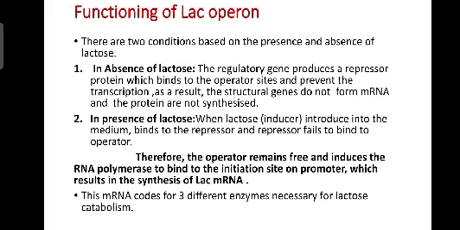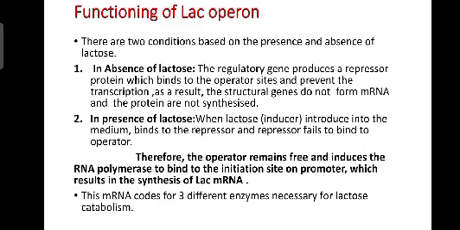Now let us study the functioning of lac operon. There are two conditions based on the presence and absence of lactose. Number one, in the absence of lactose, the regulatory gene produces a repressor protein which binds to the operator site and prevents the transcription. As a result, the structural genes do not form mRNA and proteins are not synthesized.